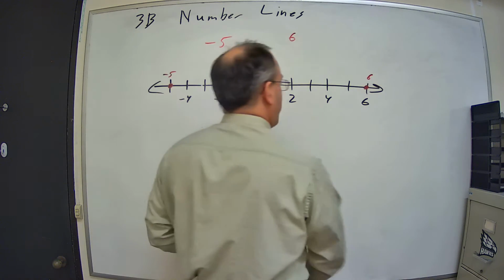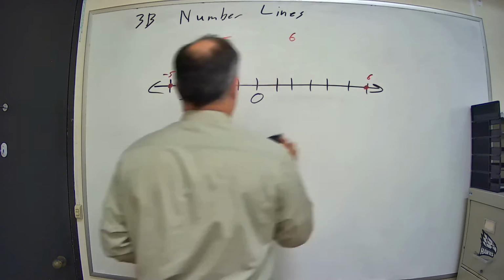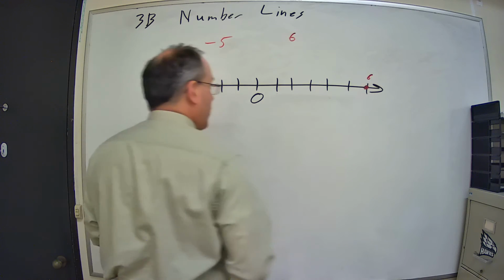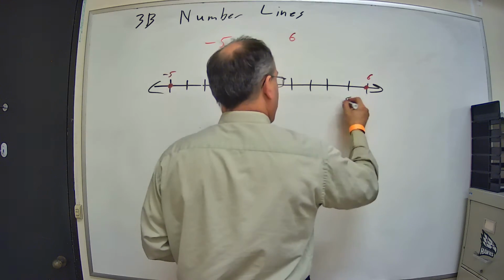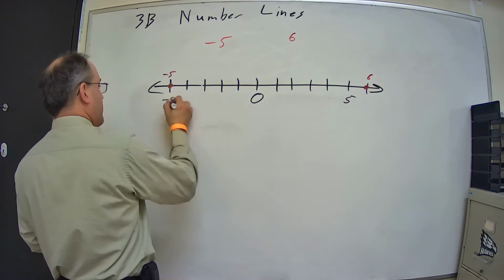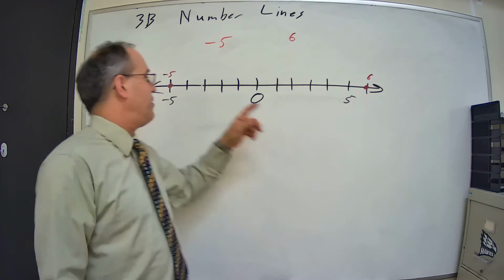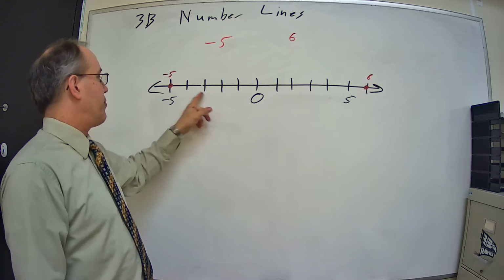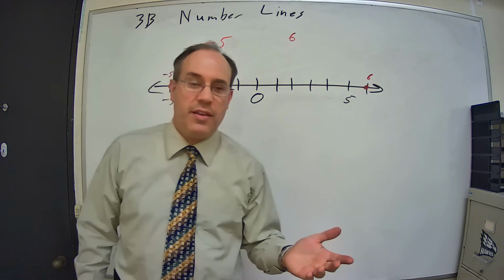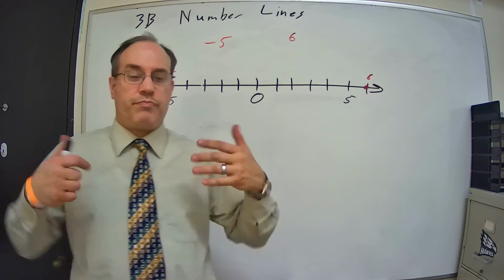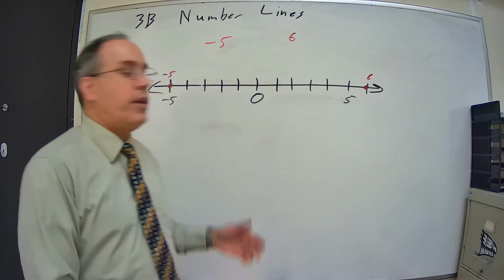We could even go so far, this might be overkill on a graph like this, as to number that 5 and this -5, and then it's obviously 1, 2, 3, 4, 5, -1, -2, -3, -4, -5. Okay, so really straightforward with that.